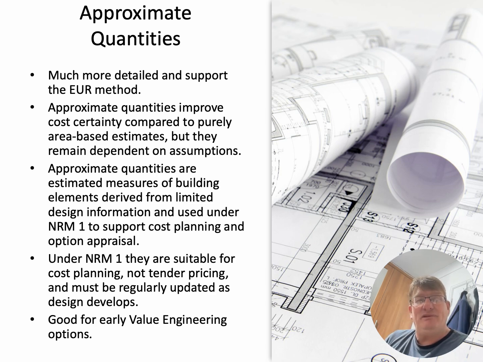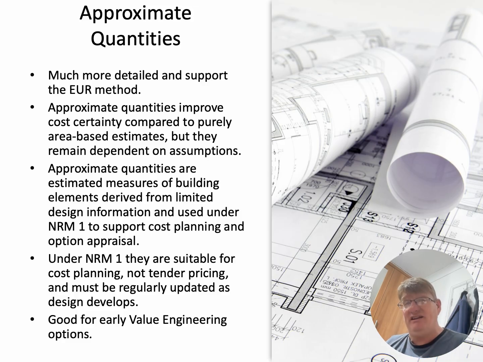But because you won't have all the information, you still have to base it on historical projects that are very similar to the one that you've got, a community centre, or you'd have to make some educated guesses. Approximate quantities are measures of building elements derived from design information, as I said, and used under NRM1.